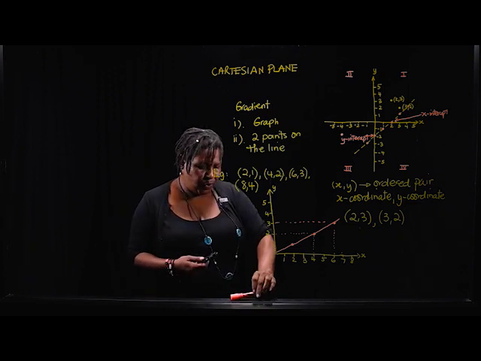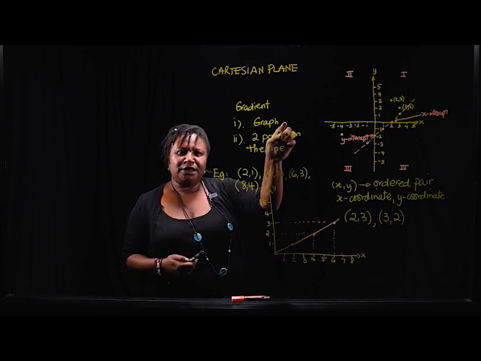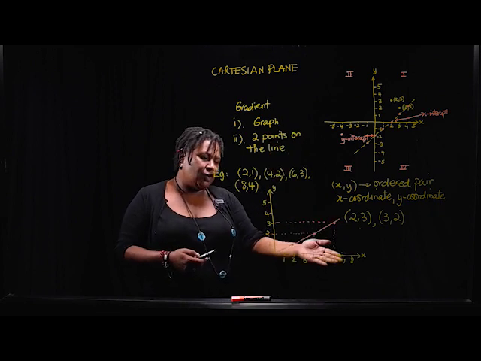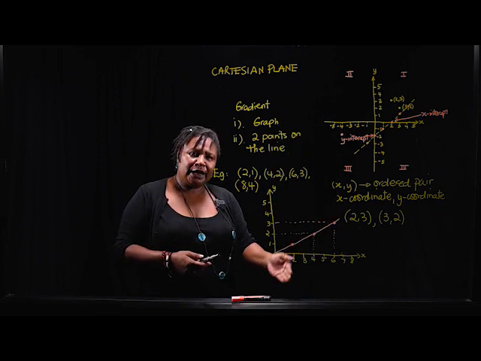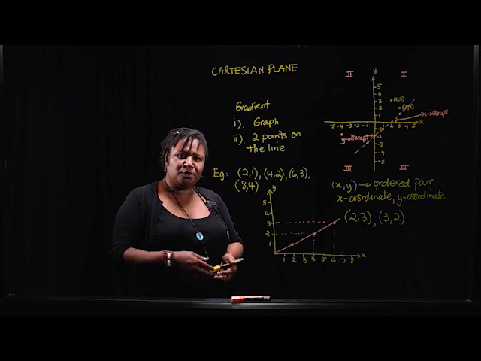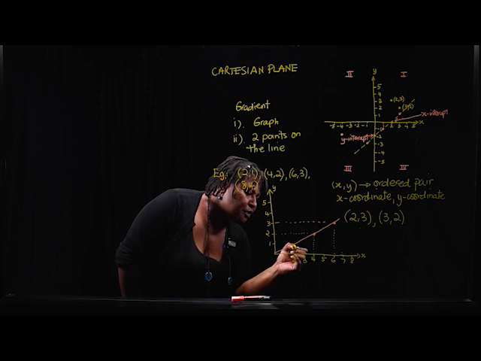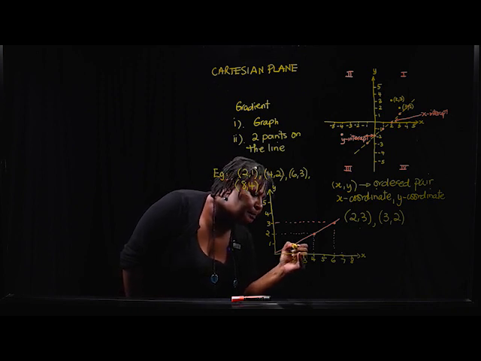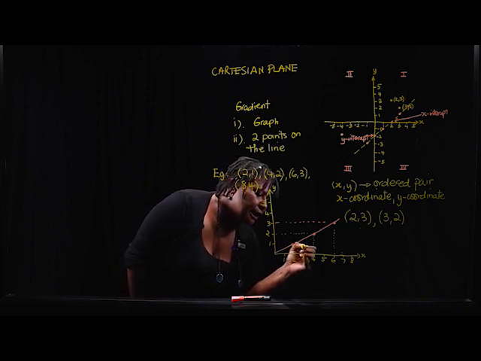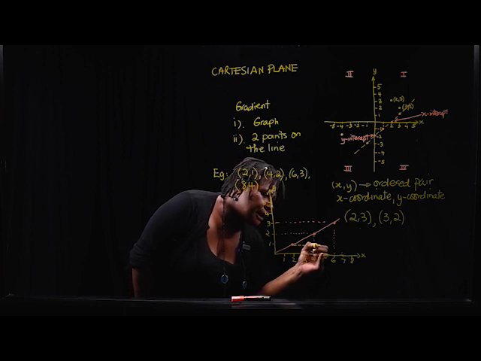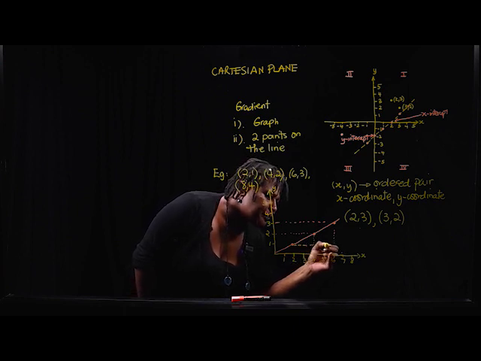Now, what we are going to do to find the gradient using the graph, we need to form a triangle and then count the number of units we are going to use to find the gradient. I'm going to use the first point here and draw a line parallel to the x-axis.